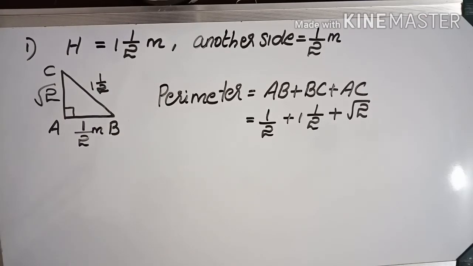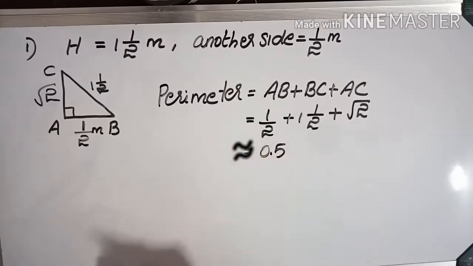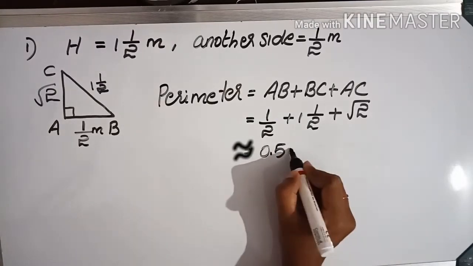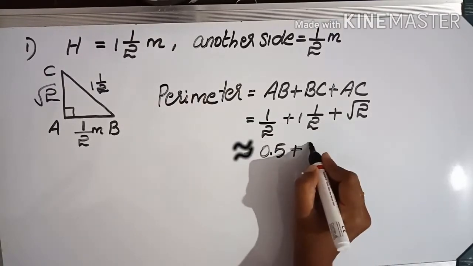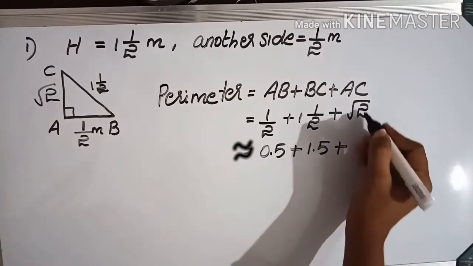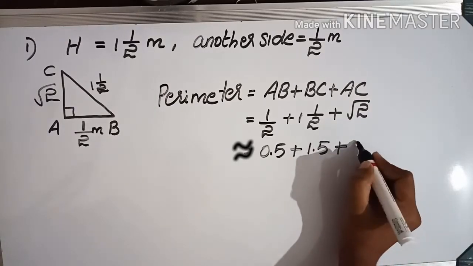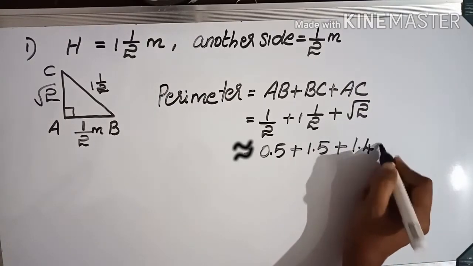Here we have to write the answer correct to centimeter, that means a decimal value will be there. Half meter is 0.5 meter, plus 1.5, plus root 2. Root 2 is approximately equal to 1.41.